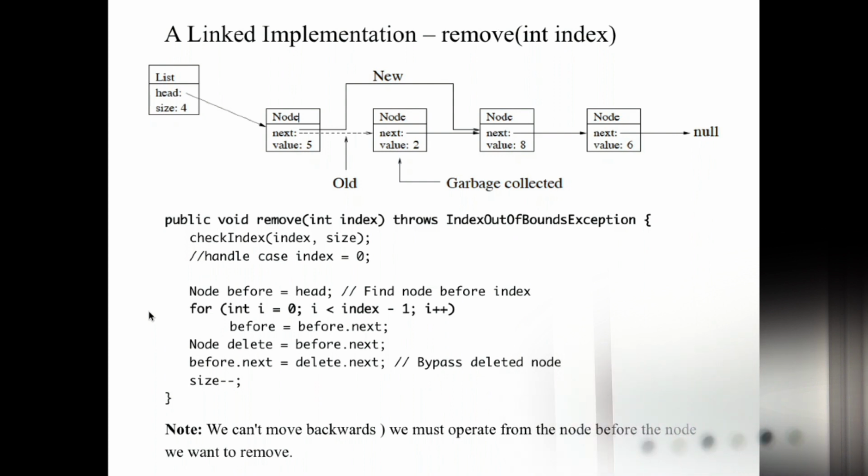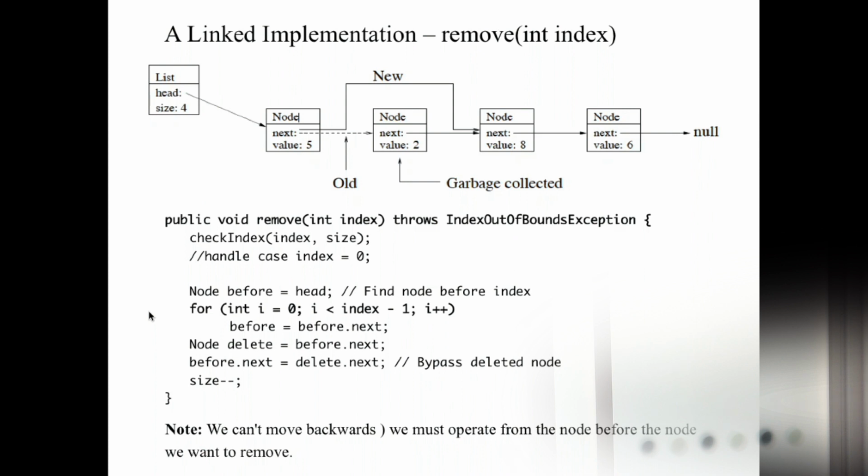And similarly, if you decide to remove it, before, this next was pointing to this node, but now we call the remove operation and we want to remove index 1. So, what we need to do is simply point this next from here to here.